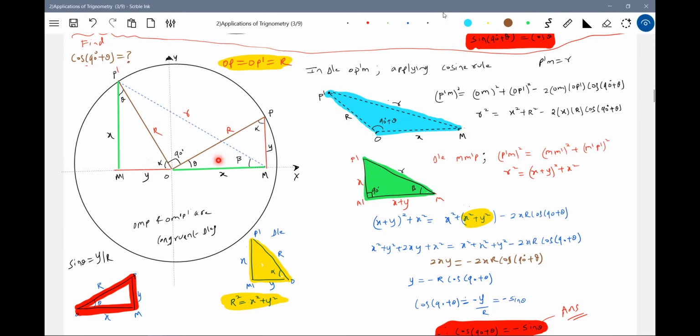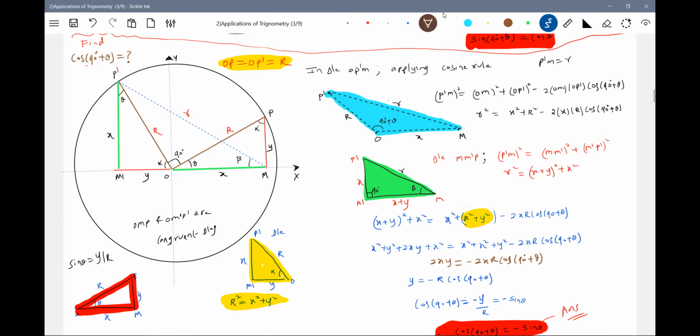The orientation has changed here. If this angle is theta, this will be theta. If this is alpha, this will be alpha. So r square is the x plus y whole square. What is M dash M? It should be x plus y whole square. What is M dash P dash? M dash P dash should be x square. Keep this in mind.